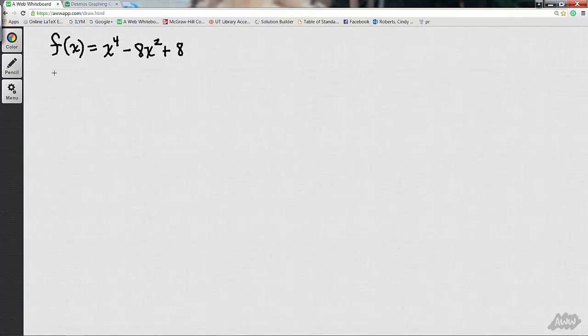And I'm going to go ahead and take the first derivative, which would be 4x cubed minus 16x. And over here, I'm going to take the second derivative because I know I'm going to need it, which will be 12x squared minus 16.